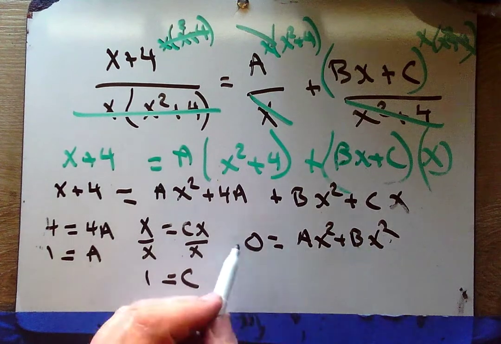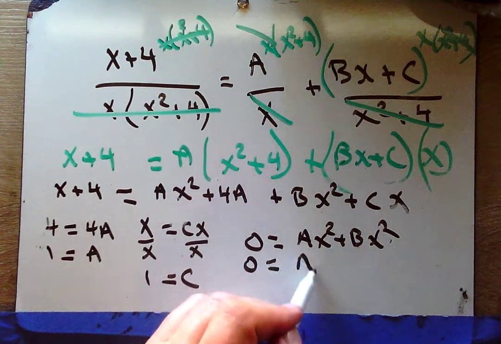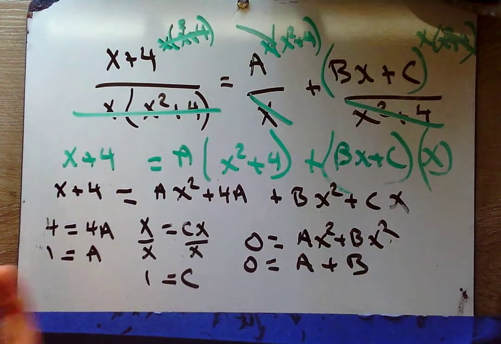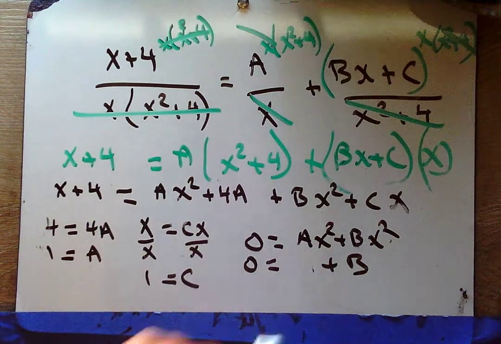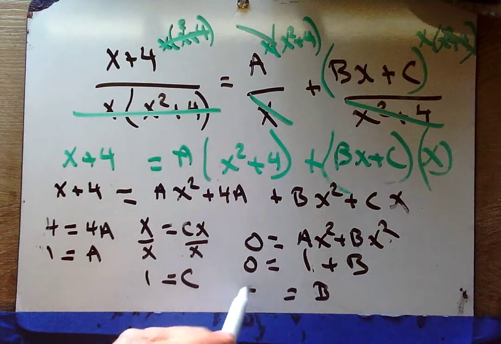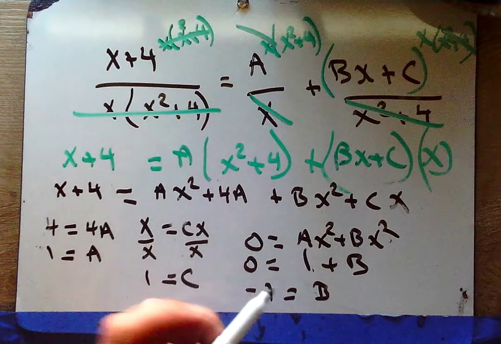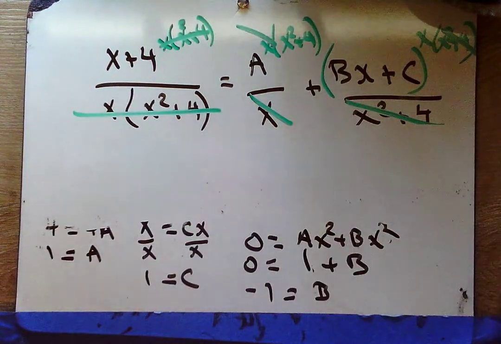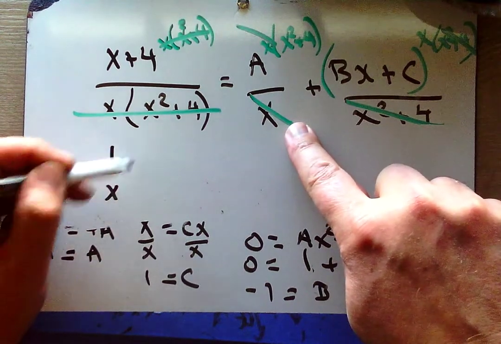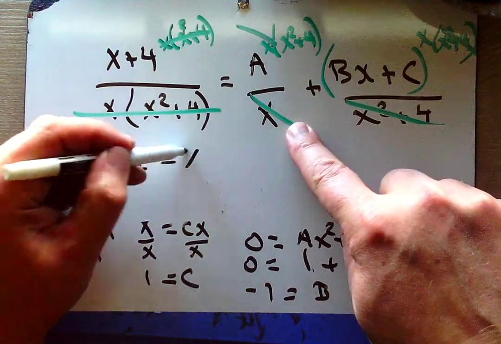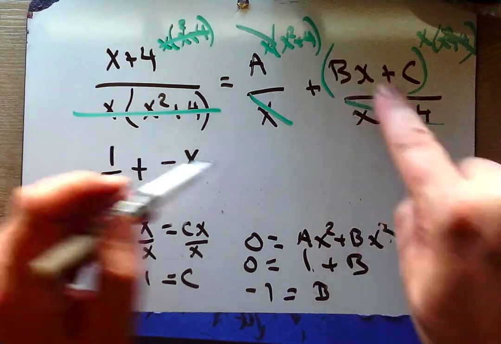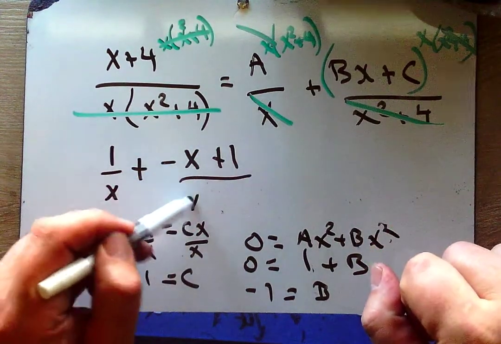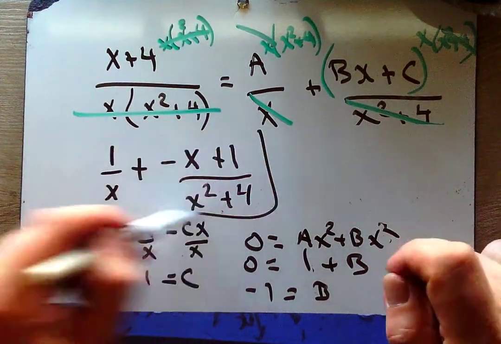And if I divide everywhere by x², I get 0 equals a plus b. Conveniently, we know a. And so b equals negative 1. So my final answer will be 1/x + (-x + 1)/(x² + 4).